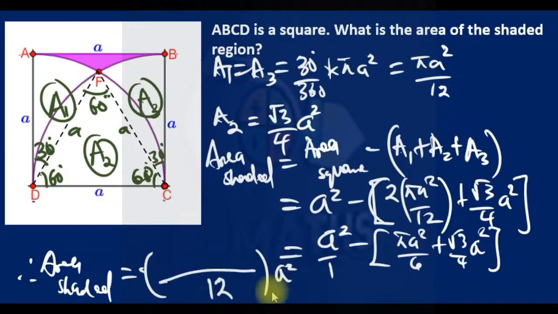In 1, times 1, 12, so we have 12 minus 12 in 4, 3 times that is 12, minus 3 root 3, minus 12 in 6, 2 times that is 2 pi. So that's the formula that I use in solving the equation first. So wherever you see this, that's the formula for the area of the shaded region.